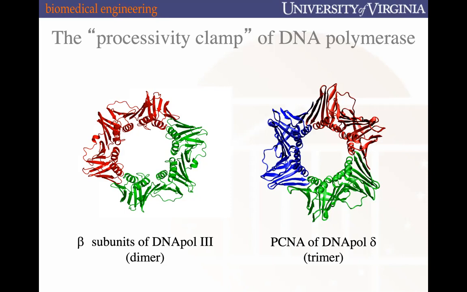This goes back to your question, Debbie, whether there's a difference between the DNA polymerase in prokaryotes versus eukaryotes. They're the same, but it's a matter of how those subunits come together that can distinguish them. The takeaway from this slide is to illustrate how this structure helps ensure that DNA polymerase 3 or DNA pol delta is able to hold on and not let go until elongation is done during DNA replication.